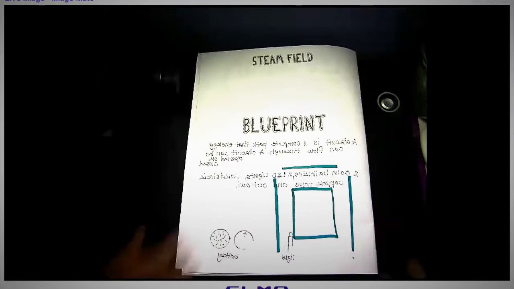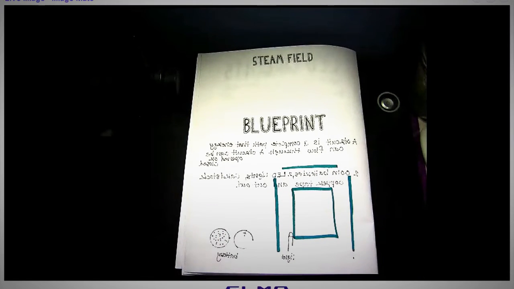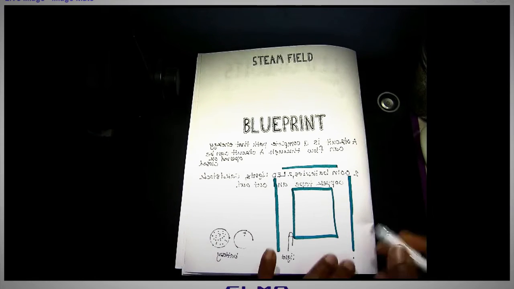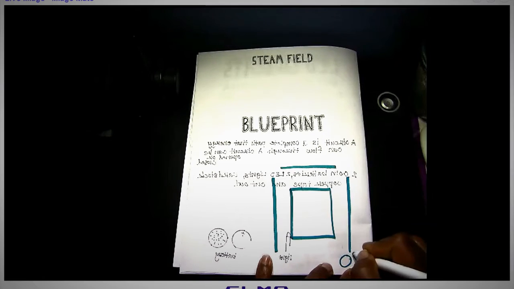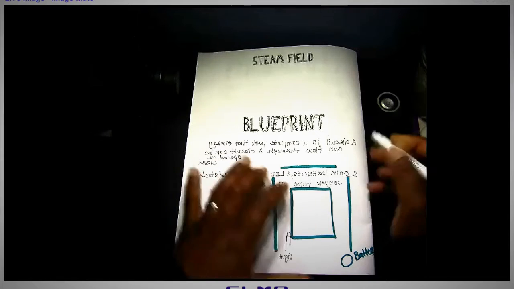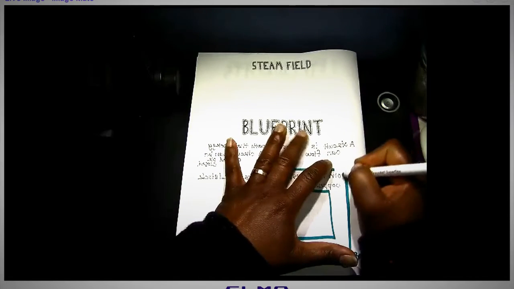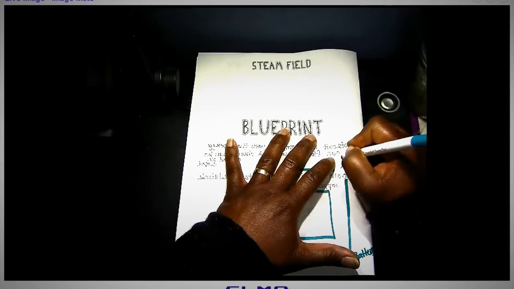So for energy to flow, what are we going to need? You said battery. We're going to need a battery. We are going to need our light.